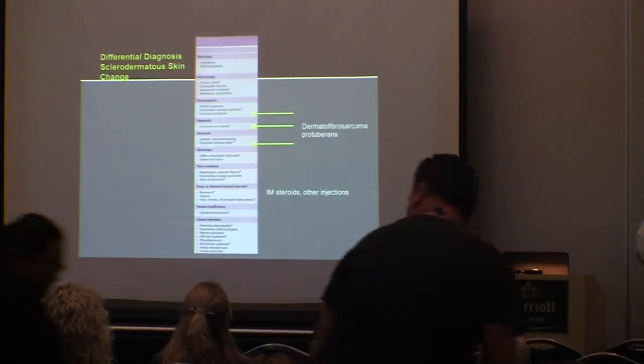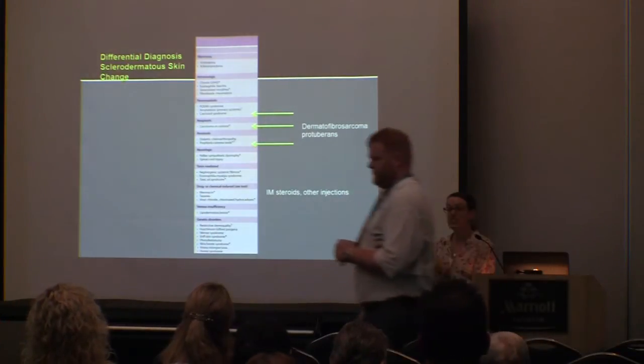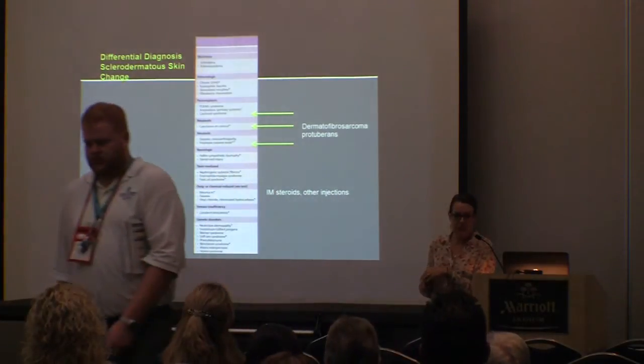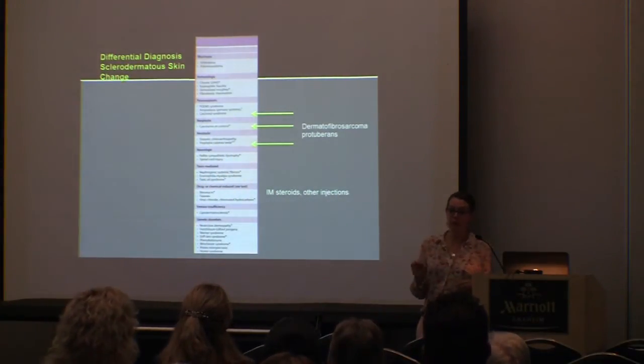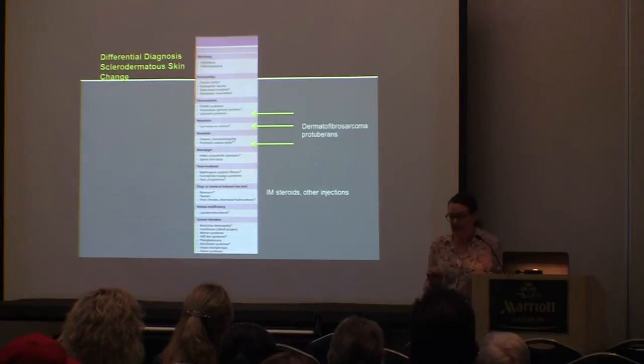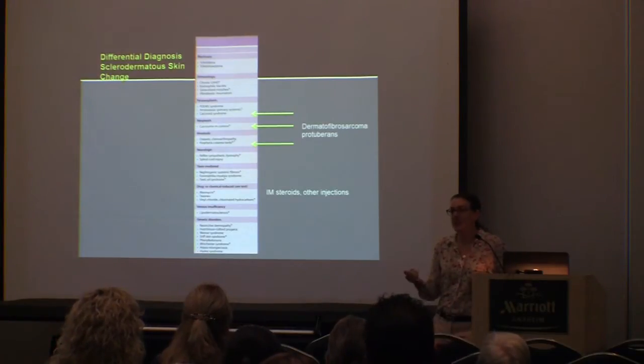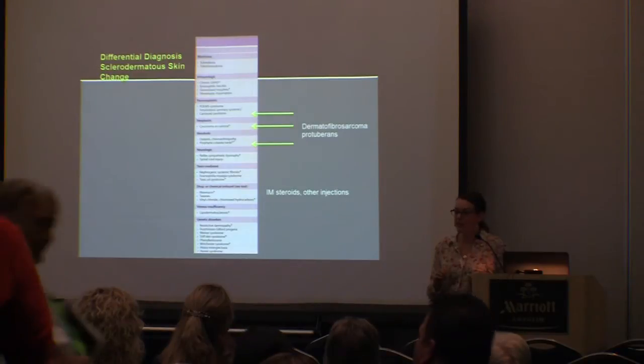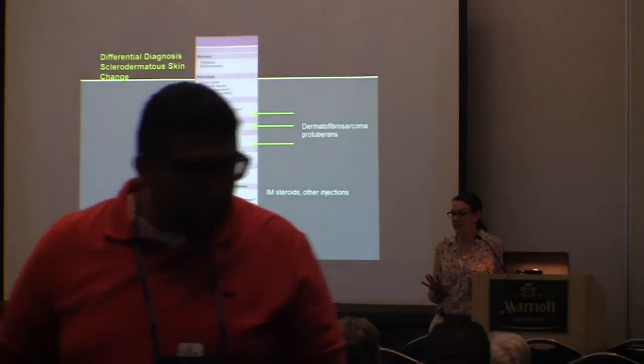Now, I will tell you from a practical standpoint, for children, usually pediatric dermatologists and pediatric rheumatologists are good at distinguishing these disorders. In adults, the case is actually a little bit different. Adult dermatologists are not very good at managing Morphea simply because they don't see a lot of it.